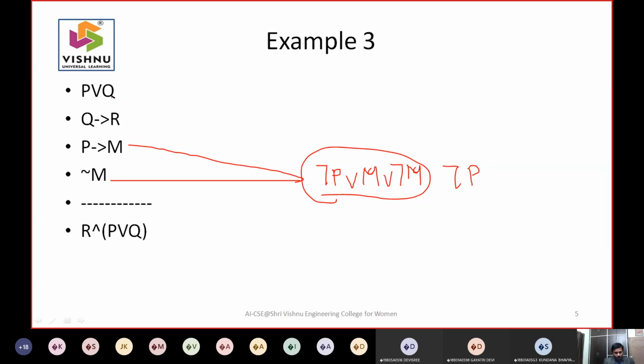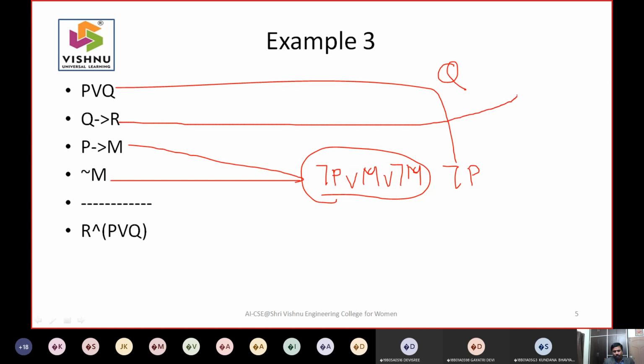If you combine this with this, you will get a value called q. Since q was there, you combine q to r with q, so you will get a value called r. So r is the inference.